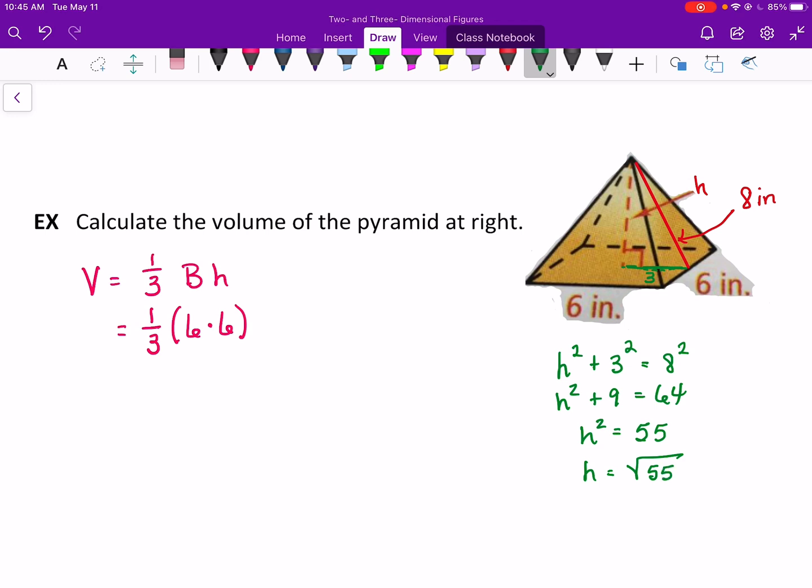That's interesting. Punch it in your calculator. So 6 times 6, 1/3 of that is the same as dividing by 3, times the square root of 55, equals.